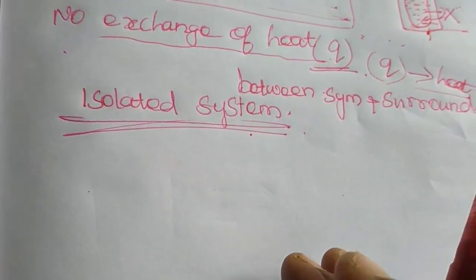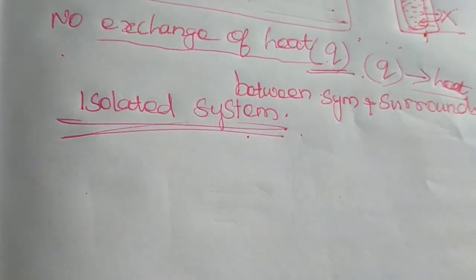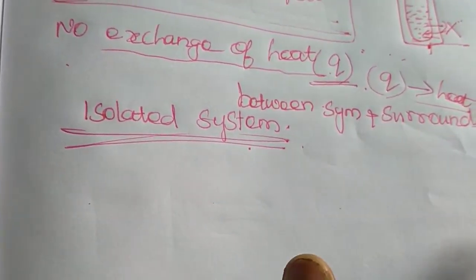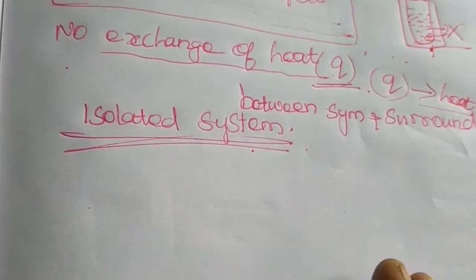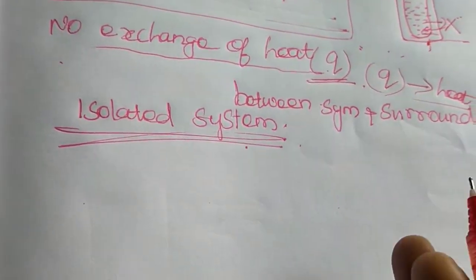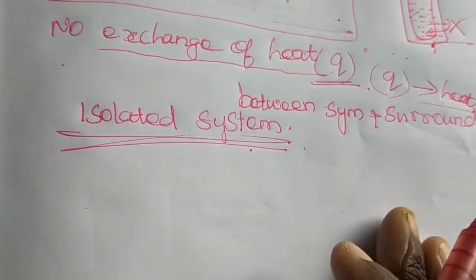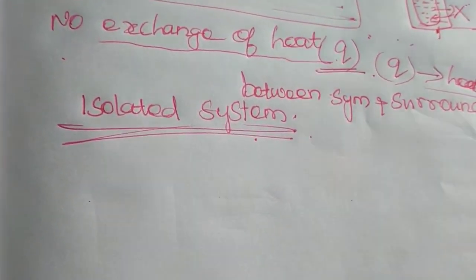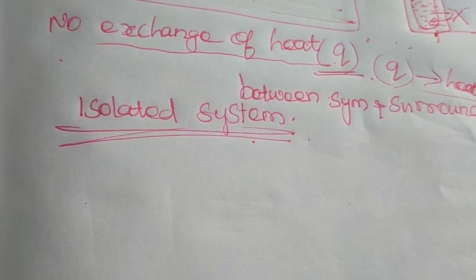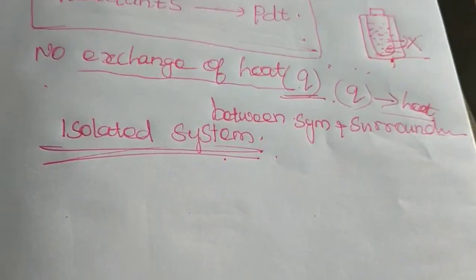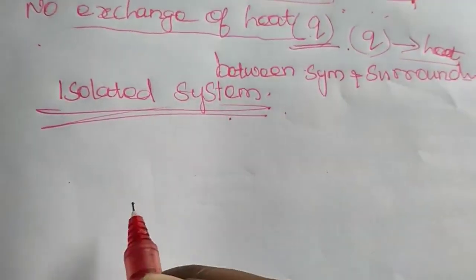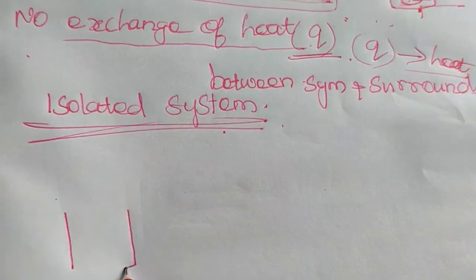In an adiabatic process, if work is done by the system, then the system temperature decreases. So you can take one system.